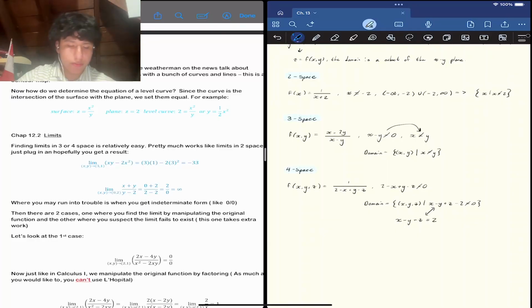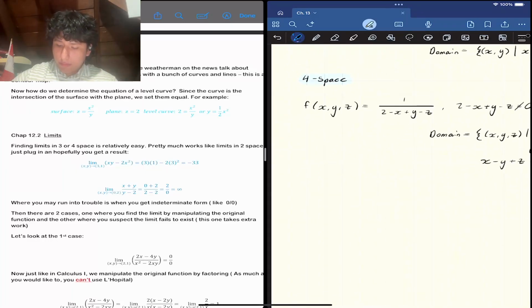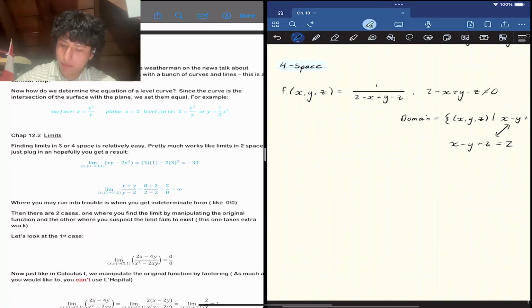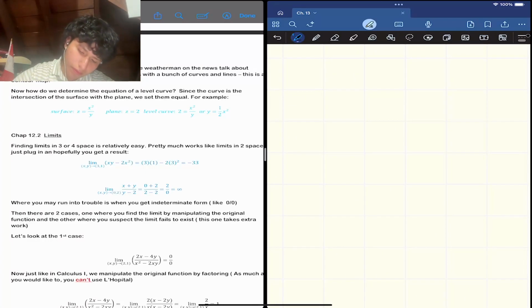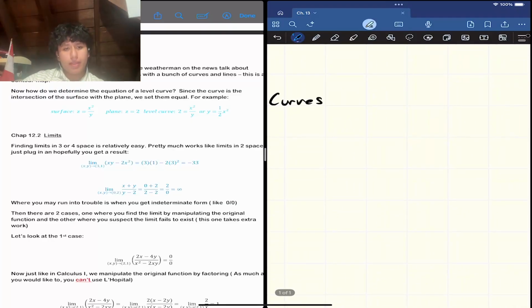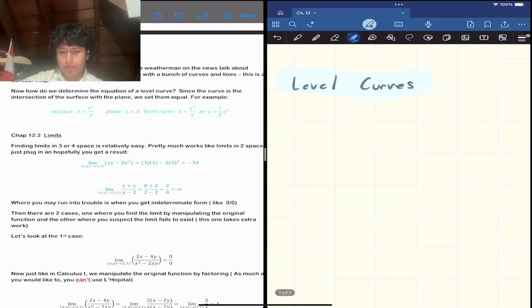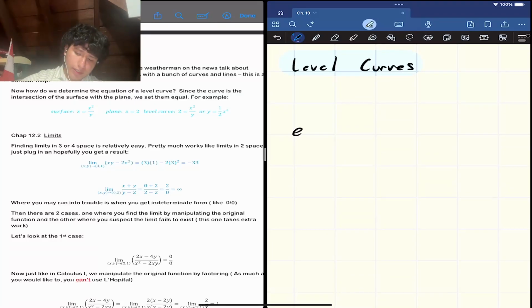For example, okay, that's actually a pretty good example. We'll call this one level curves. Here we've got a nice example. So given some surface, right?